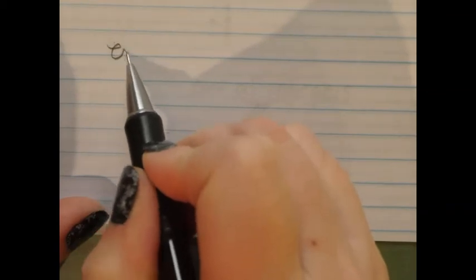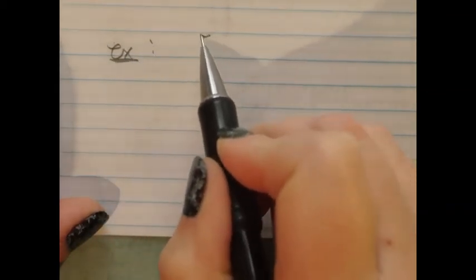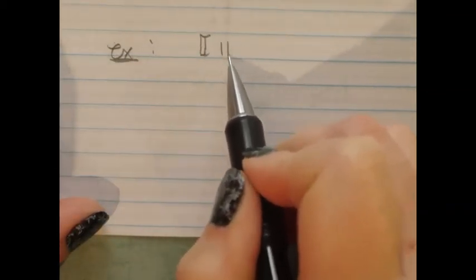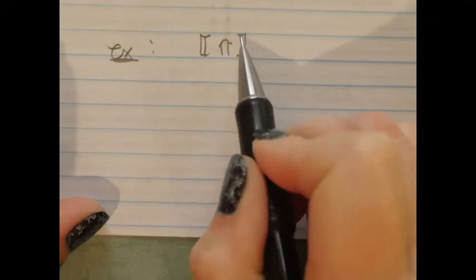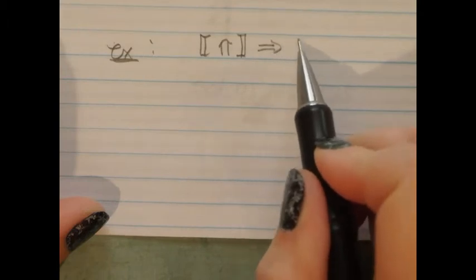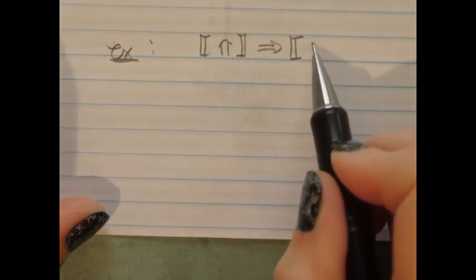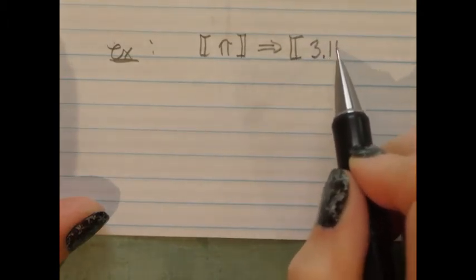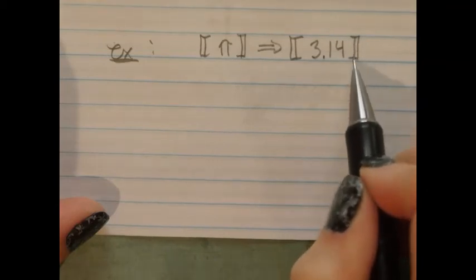If we were to do a new example, let's take a look at this one. This is always interesting when I give students this. What if I give you pi? Well, as we know, pi, for short, represents what? 3.14. It's been a while if you haven't had geometry.